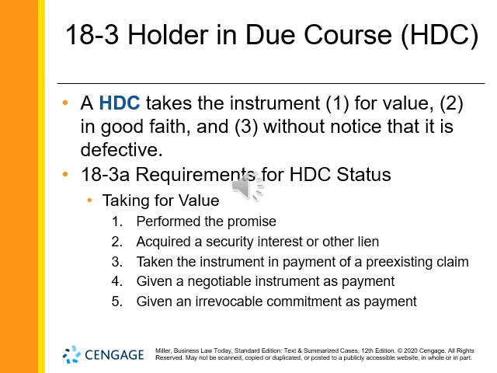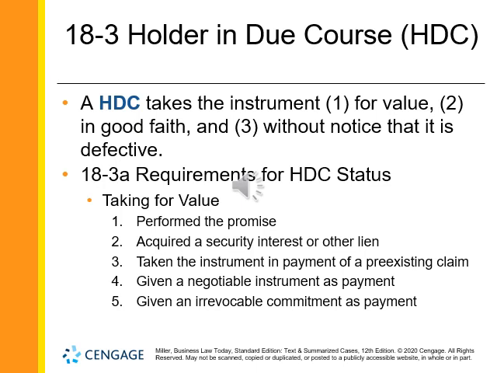A holder can take an instrument for value by performing the promise for which the instrument was issued or transferred, or by acquiring a security interest or other lien in the instrument, excluding liens obtained by judicial process, or by taking an instrument in payment of or security for an antecedent debt, or by giving a negotiable instrument as payment, or giving an irrevocable commitment as payment.